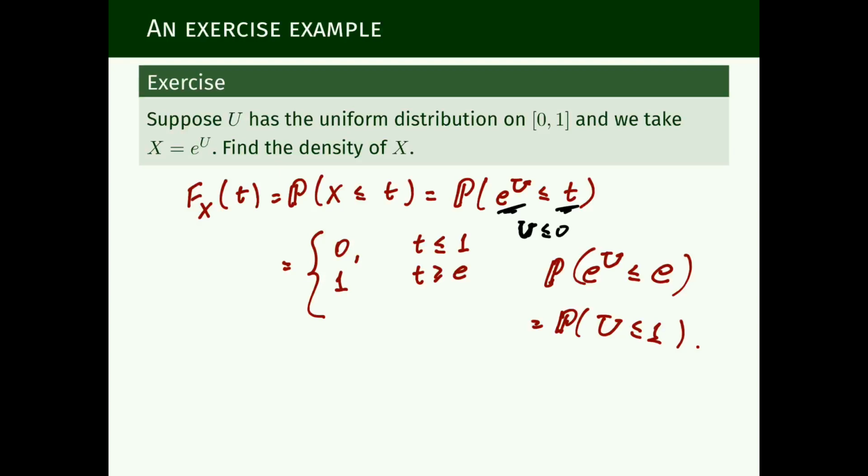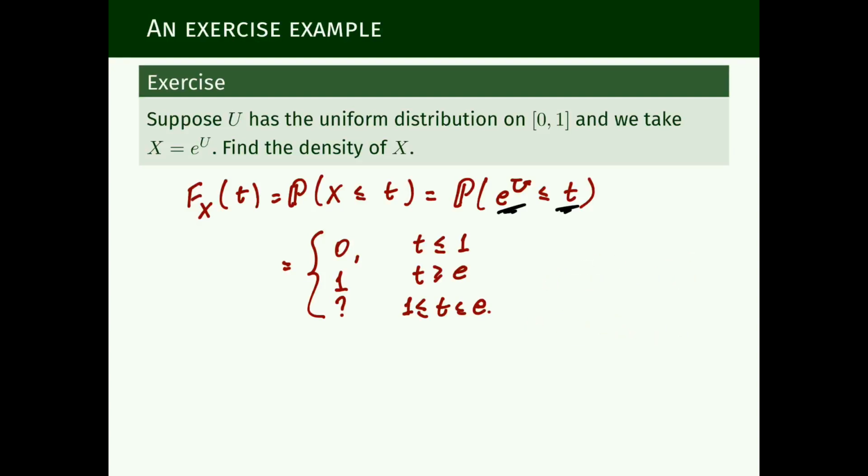And then what becomes interesting is when t is between 1 and e. Then we can continue developing from the previous expression. We can take the logarithm because t is now in a very safe region. So this will be the probability that U is less than the logarithm of t.